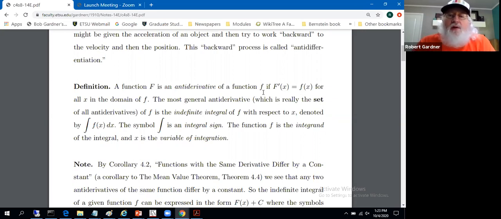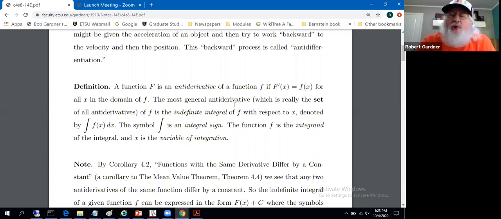So when we differentiate capital F, we get the function f back. So capital F is an antiderivative of f. Going from capital F to its derivative, lowercase f, is what we've been doing. So we're trying to do this process backwards and extract capital F from the known derivative, lowercase f.